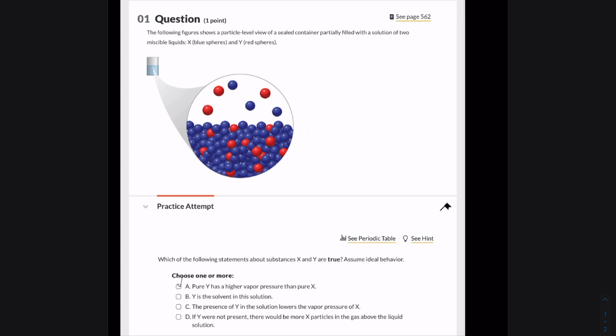Option C, the presence of Y in the solution lowers the vapor pressure of X. So this has to do with intermolecular forces. When you add a solute to a solution, the solvent and the solute are going to bind together, and the forces that bind them together are stronger than the intermolecular forces between the molecules of the pure solvent itself.